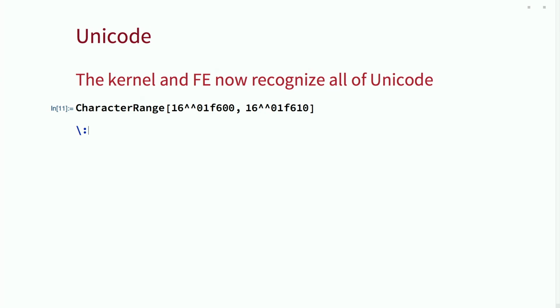You may be aware of the \:: form, where you can do something like that, and that's apparently not a character. How about that? There we go. I don't know what that is. There we go. So we now have a new form, which is \:pipe. So \:pipe 01 F4 600.